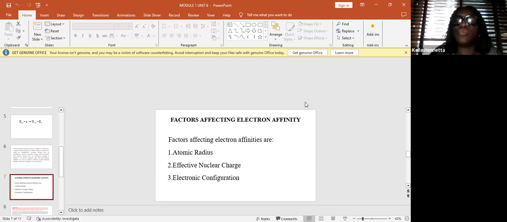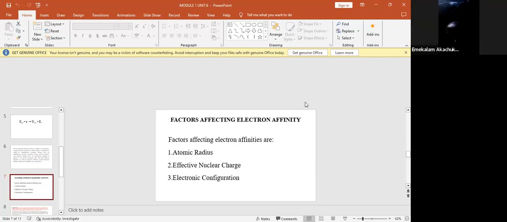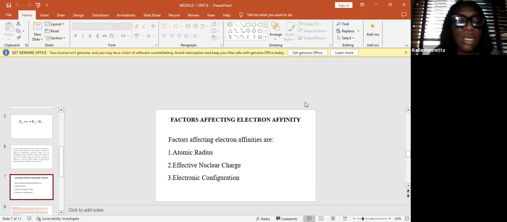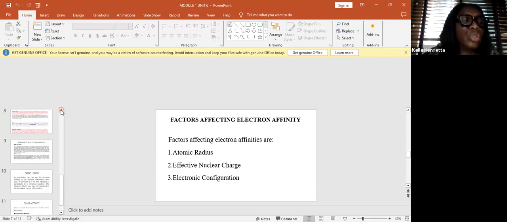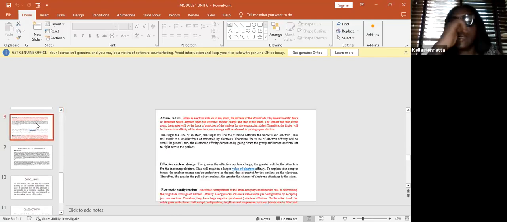When we say factors affecting, how will these things affect the value of the electron affinity? And that's what we have just explained. So let me just go here to what I wrote here. I said atomic radius.